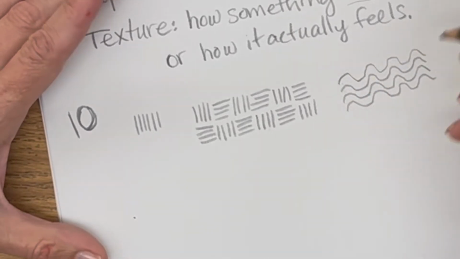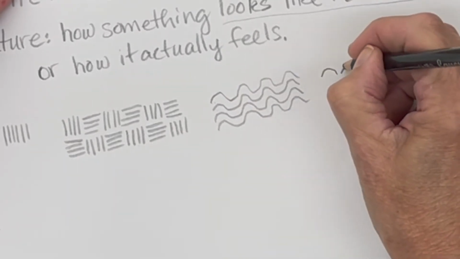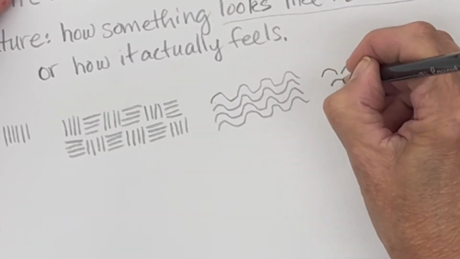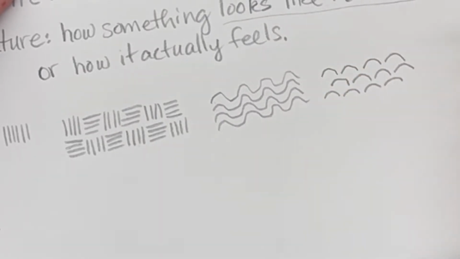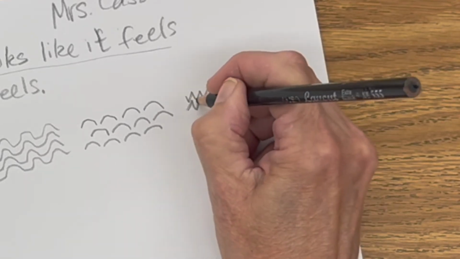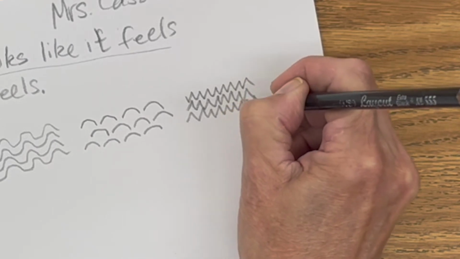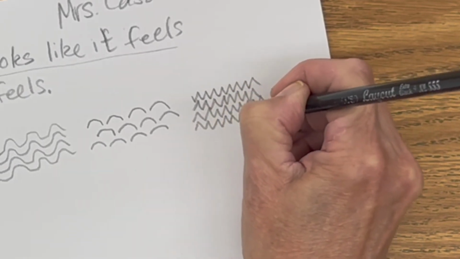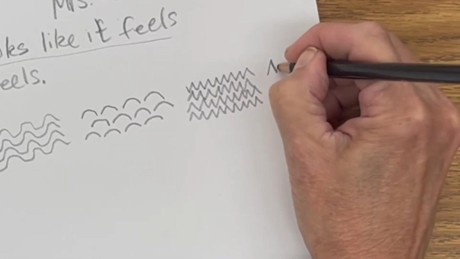They don't even have to be long. They could be short curving lines. In the same way, we could do zigzags. And we could do small parts like that.